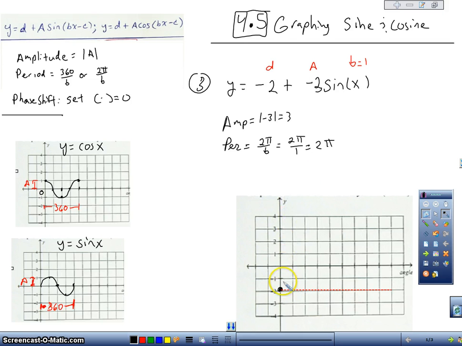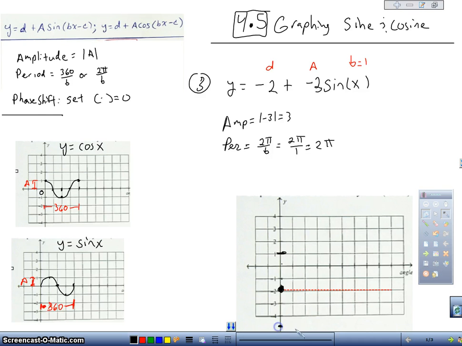All right, so we are graphing sine. So it's going to start here in the middle. And then this has an amplitude of positive 3. So let me climb up 3. 1, 2, 3. That's the high point. And let me go down 3. 1, 2, 3.